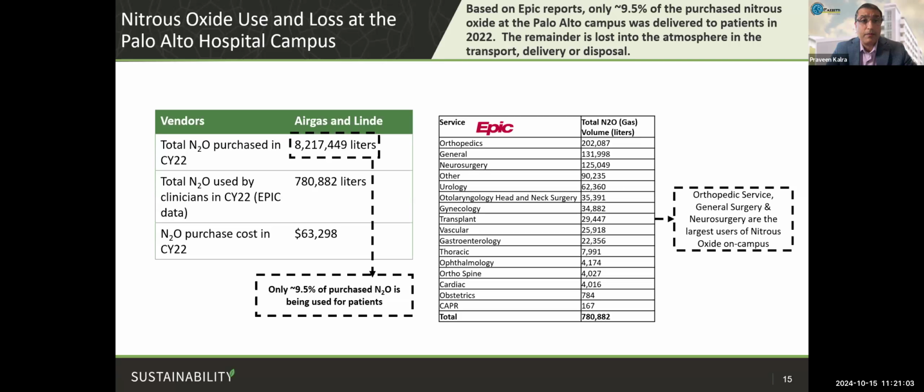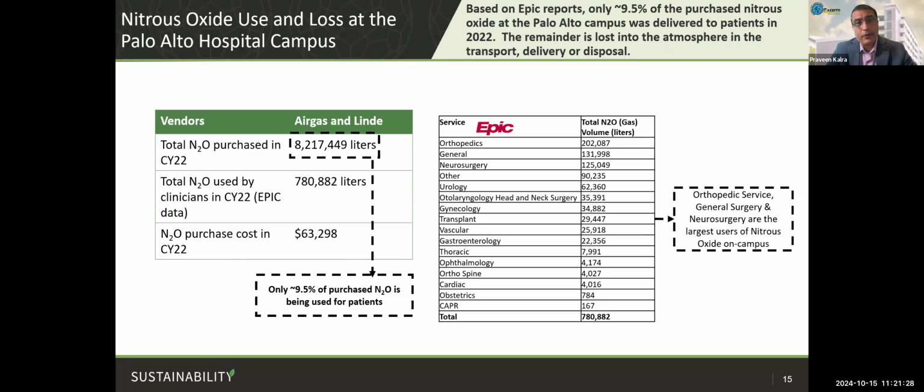We purchased around 38,000 pounds of nitrous in 1 year, fiscal year 2022. When you multiply that by 247, it comes out to around 8.2 million liters of nitrous oxide. We went back into our Epic data to look at how much nitrous oxide is actually given to our patients, and that number was 780,000 liters.